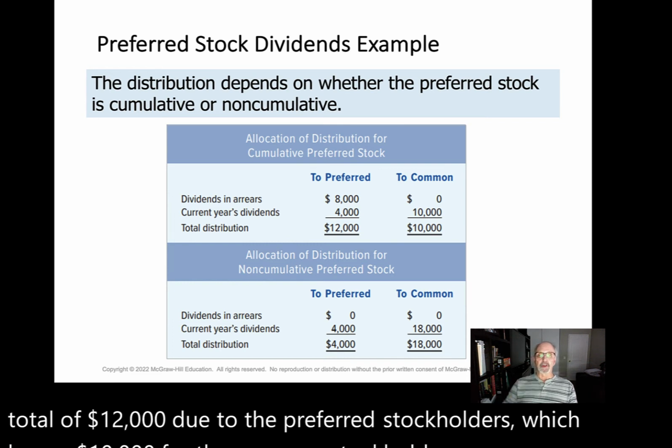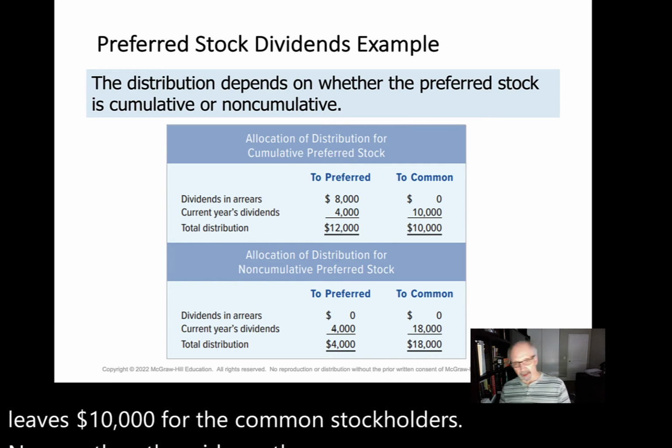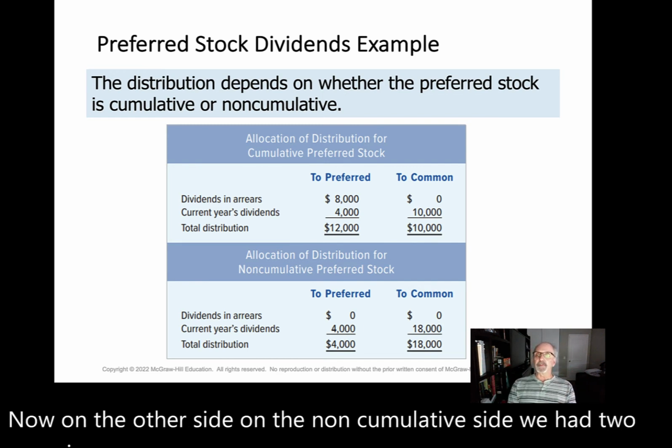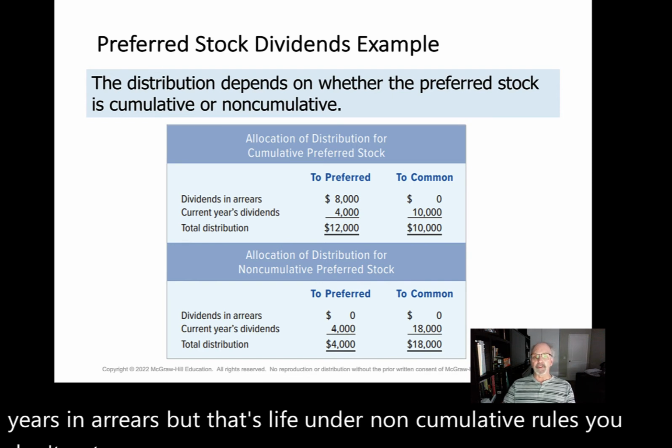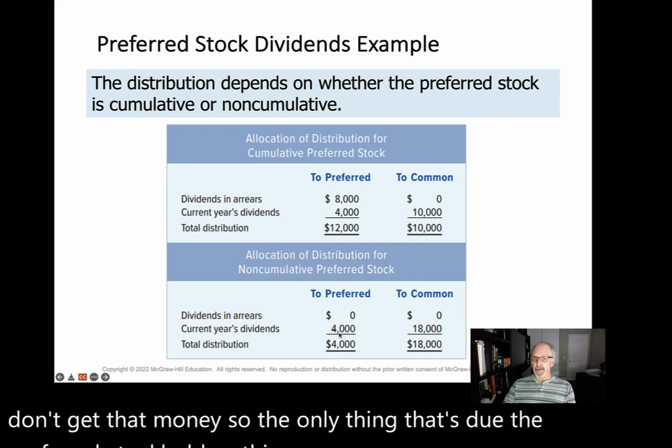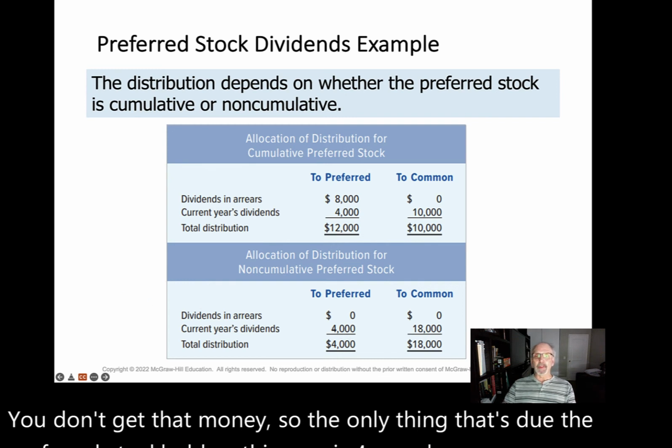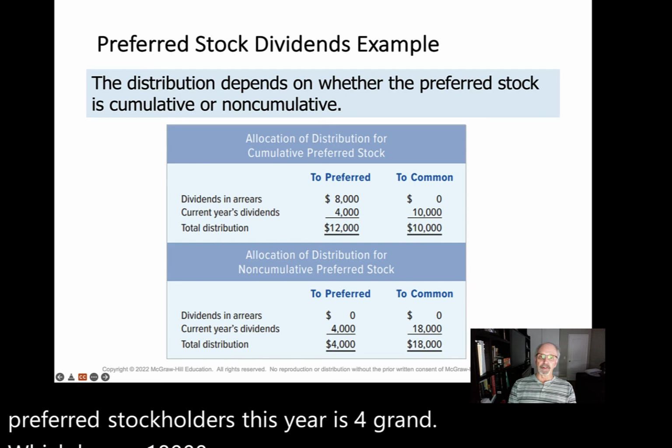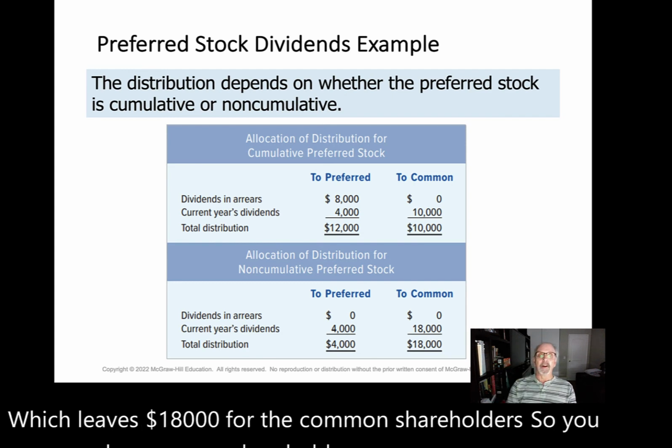Now on the other side, on the non-cumulative side, we had 2 years in arrears, but that's life. Under non-cumulative rules, you don't get that money. So the only thing that's due the preferred stockholders this year is $4,000, which leaves $18,000 for the common shareholders. So you can see why common shareholders would prefer a non-cumulative preferred stock.